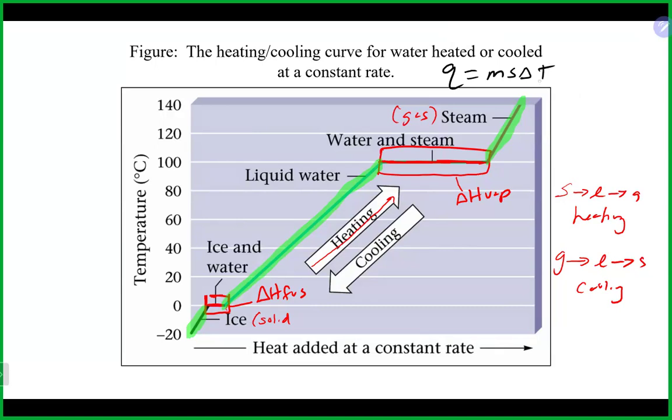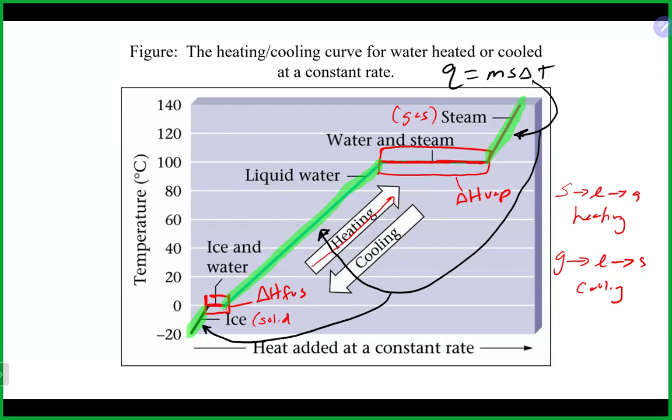So if you wanted the energy for any change in this part, where it's all gas but the temperature changes, or in this part where it's all liquid, or here, you would use the specific heat equation to figure it out. And you could use the heat of fusion and heat of vaporization if you have any phase changes occurring between them.